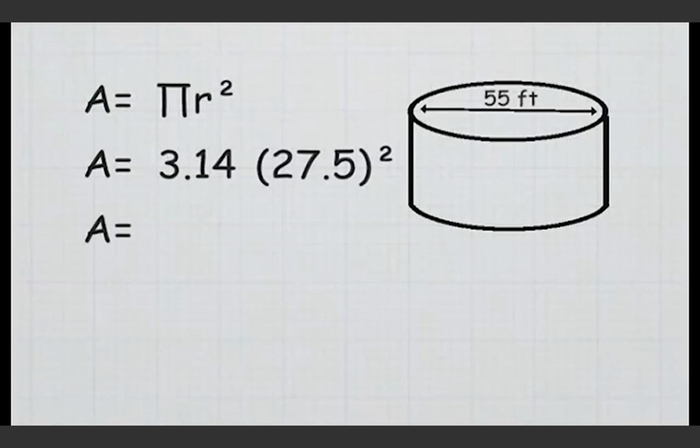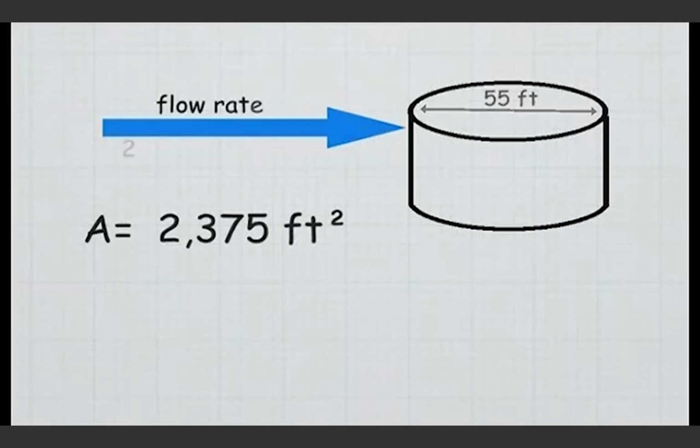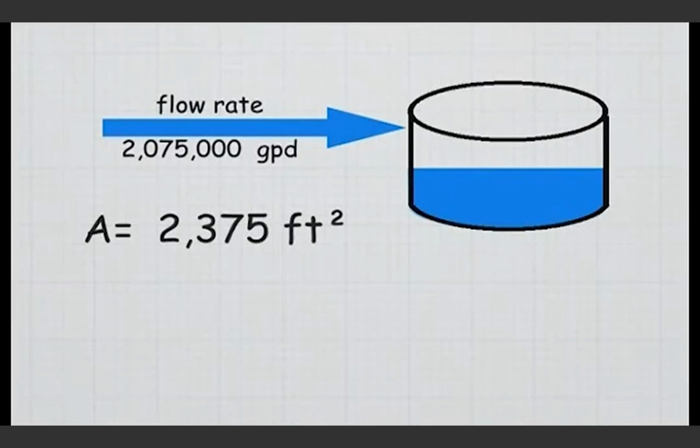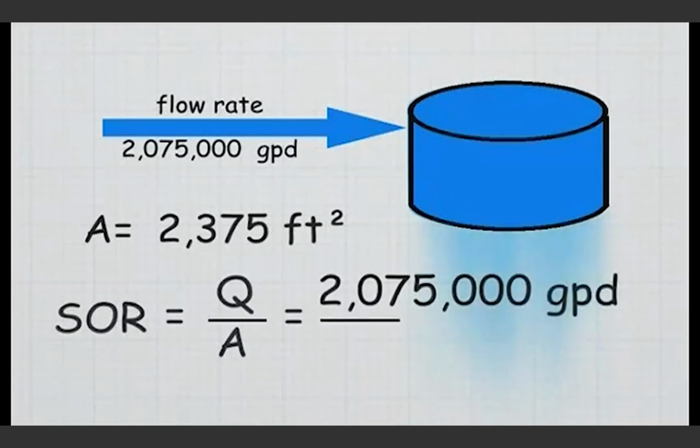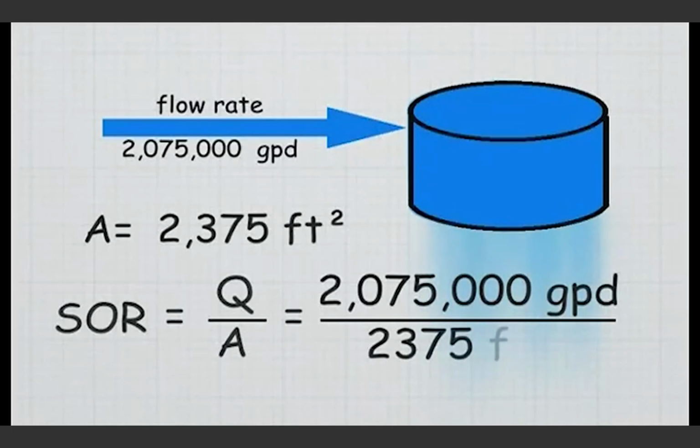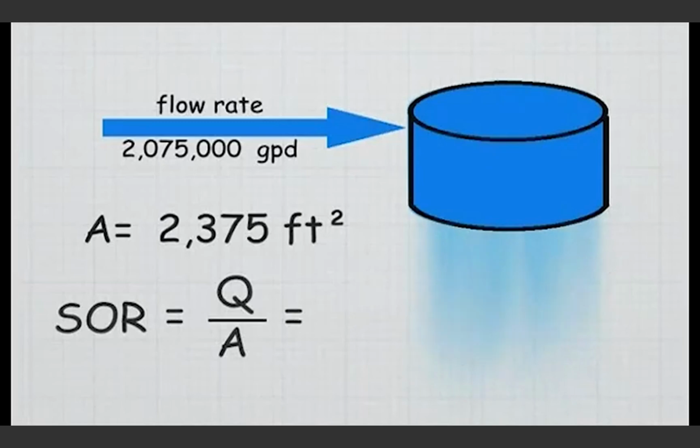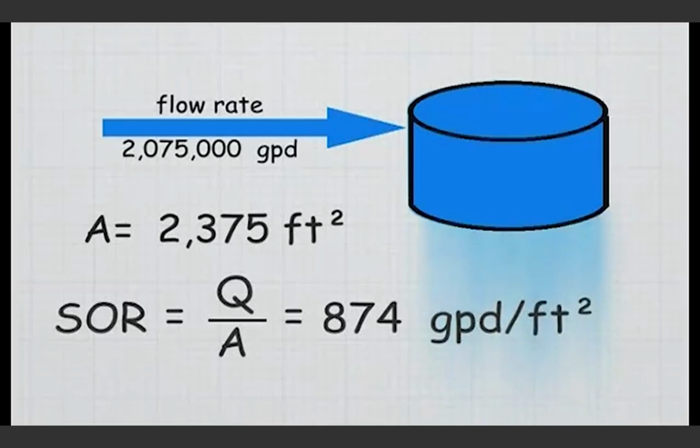This gives us an area of 2,375, and the units are in square feet. We know the flow rate is 2.075 million gallons per day, so we take 2.075 million and divide by 2,375 square feet, which results in a surface overflow rate of 874 gallons per day per square foot.